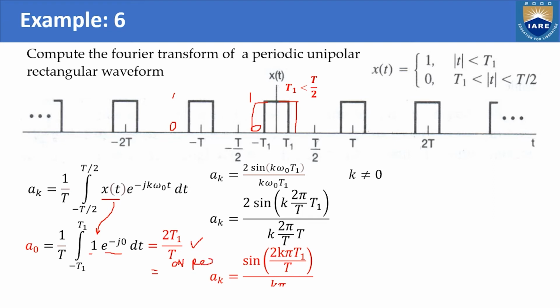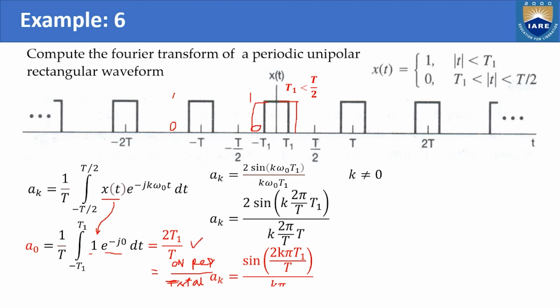And the total period, the cycle period, is T. So out of T seconds, the on period is only 2T1.